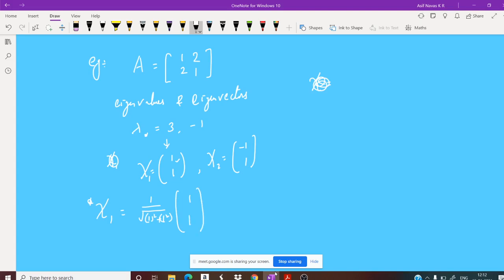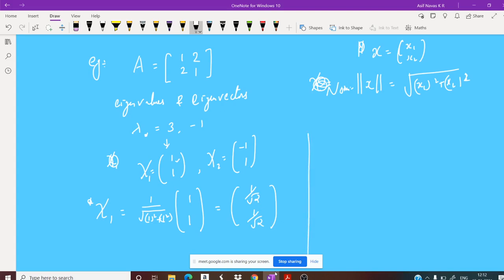Have you got it? Norm means the norm of a vector. If you have a vector x1, x2, then the norm of x is the square root of x1 square plus x2 square. If it is 3 by 3, then the norm is the square root of x1 square plus x2 square plus x3 square. So this is equal to 1 by root 2, 1 by root 2.